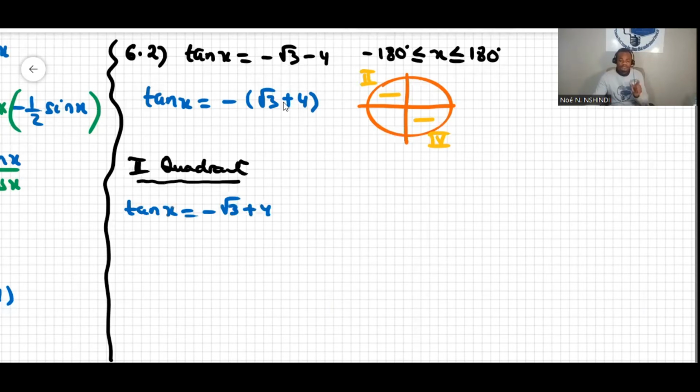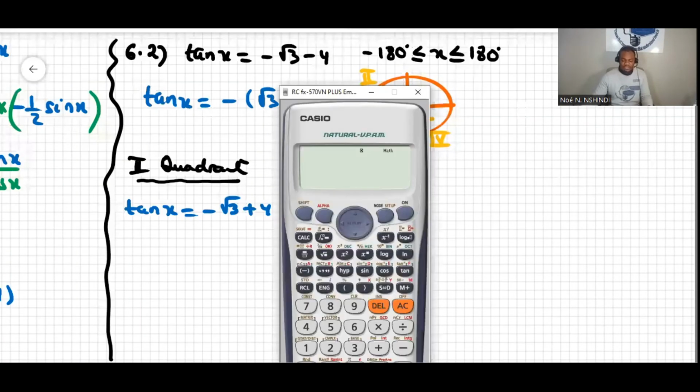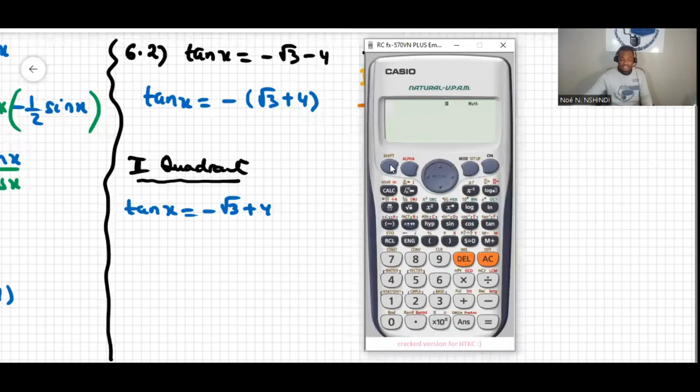So if I need to find the value of x, meaning the angle for which tan x equal to root 3 plus 4, we can do that by the help of a calculator. So this is how we're gonna do it. In the calculator, we press the shift button here, shift, and then tan, and then there we can write minus open bracket, square root of 3.